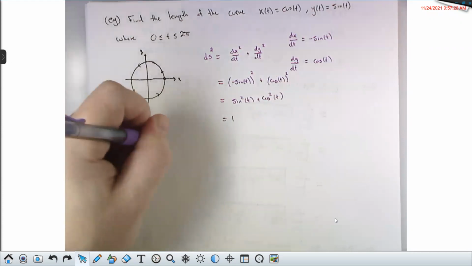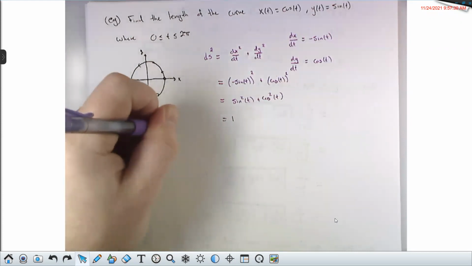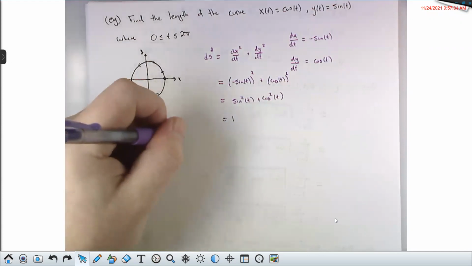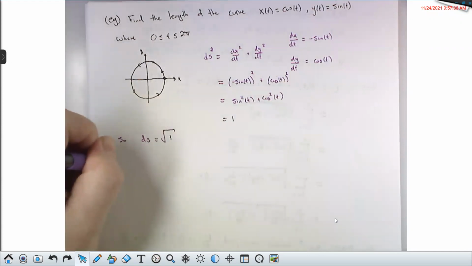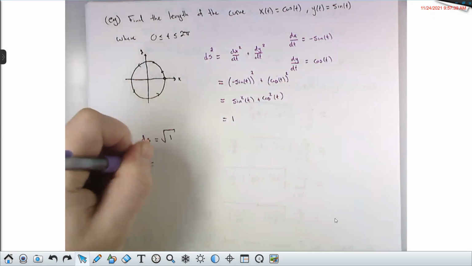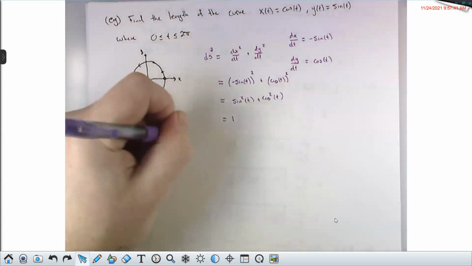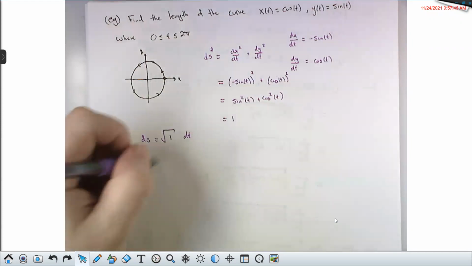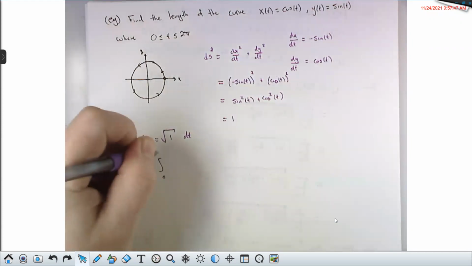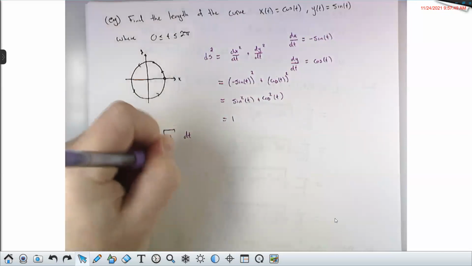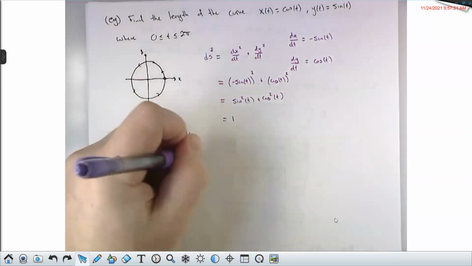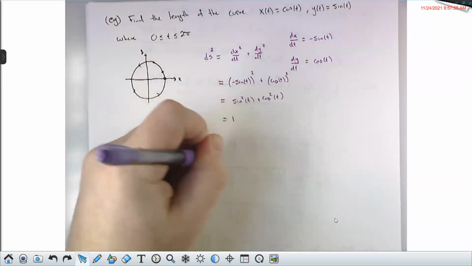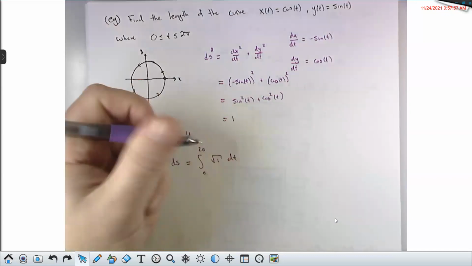So ds is the square root of 1, times dt, I should say. Therefore the arc length here is the integral from 0 to 2 pi of ds, which is the integral from 0 to 2 pi of the square root of 1 dt.